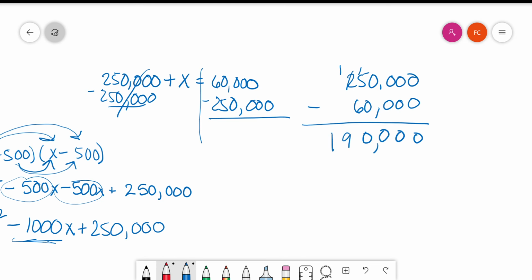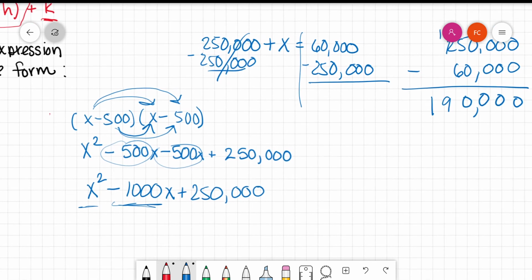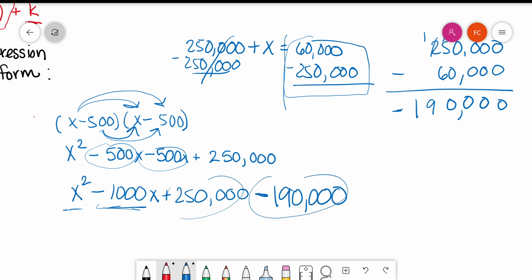So we have 190,000. And it's going to be a negative 190,000 because when we combine the 60,000 and negative 250,000, we subtract, but we keep the sign of the higher number. So we need to put here a negative 190,000. And then these will combine to make that 60,000 that we need.